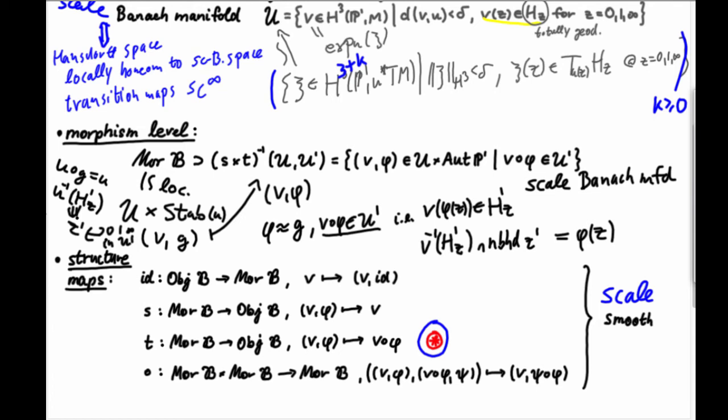So, the upshot here is that phi is determined by three equations, namely for z equal to 0, 1, and infinity. There's some point z prime, which is determined by u, and this point here then is determined by v.